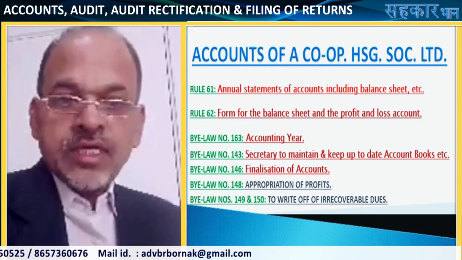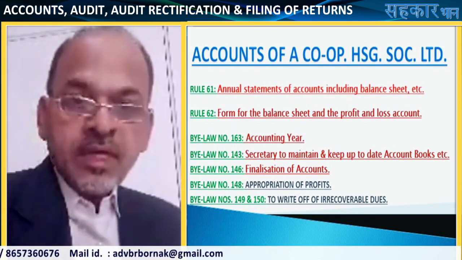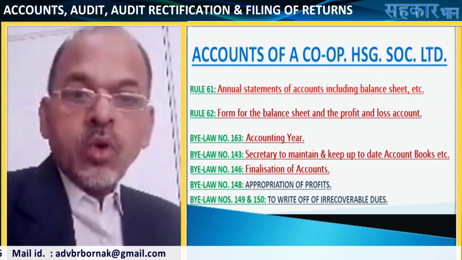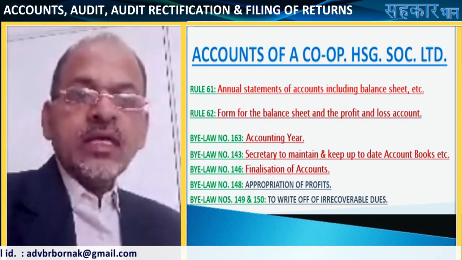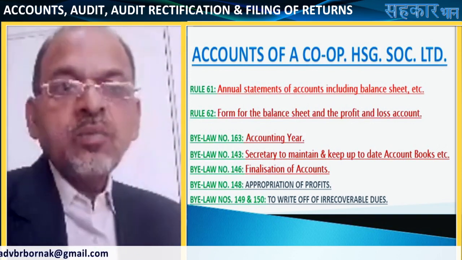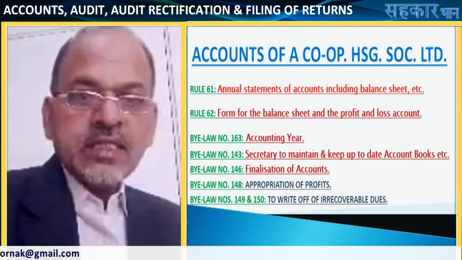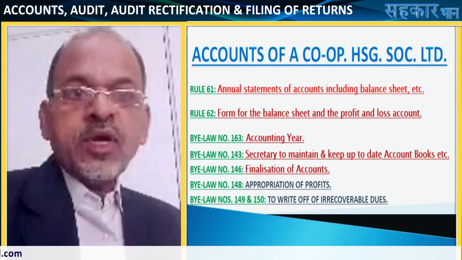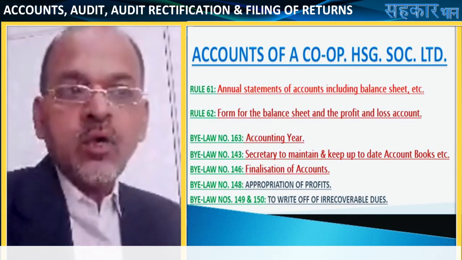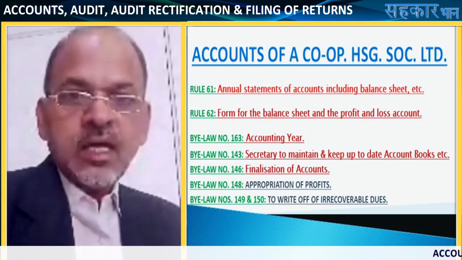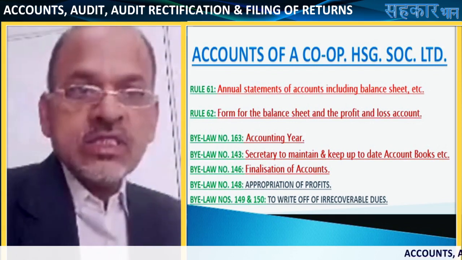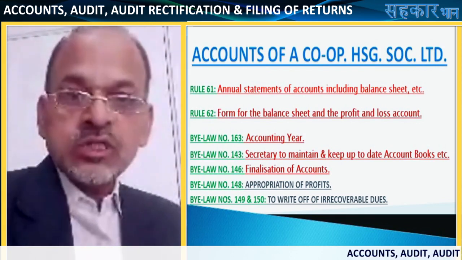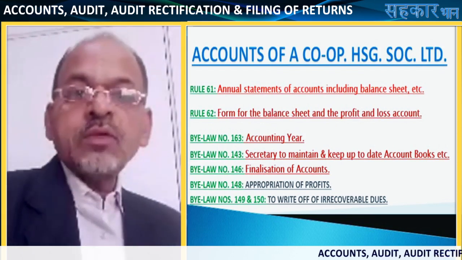Bylaw number 143 provides for the secretary to maintain and keep up to date account books, etc. of a Cooperative Housing Society Limited. Bylaw number 146 provides for finalization of accounts. Another bylaw provides for distribution of profits, and bylaw 150 provides for write-off of irrecoverable dues of a Cooperative Housing Society Limited. Now let us see one by one these legal provisions.